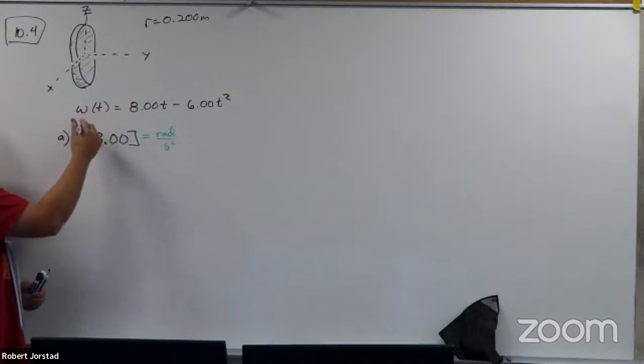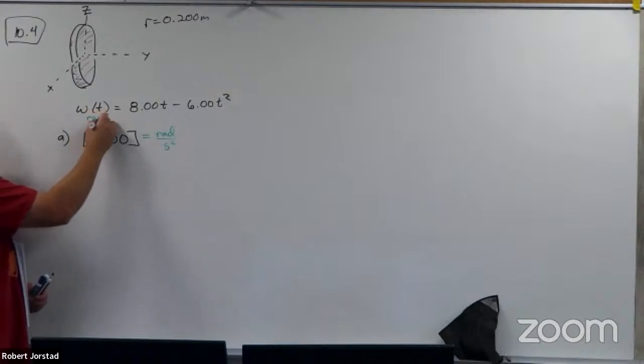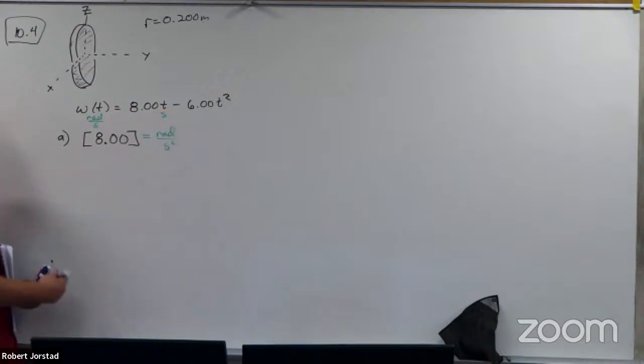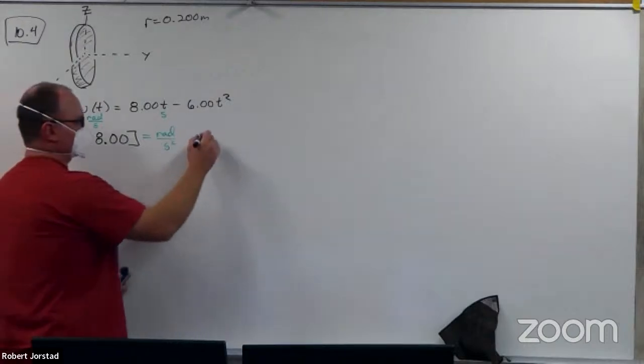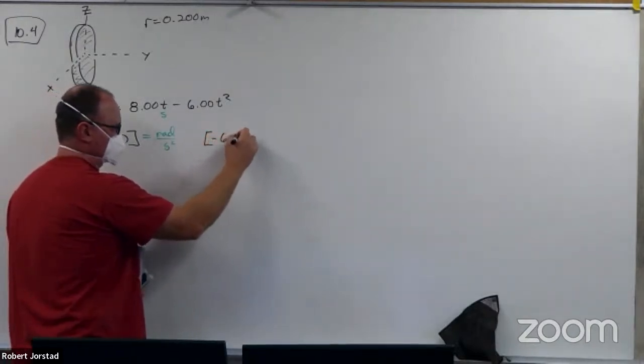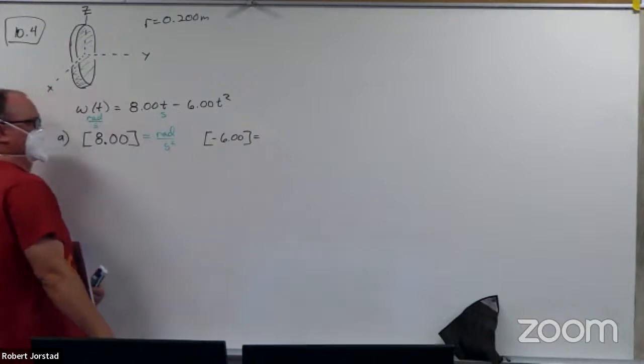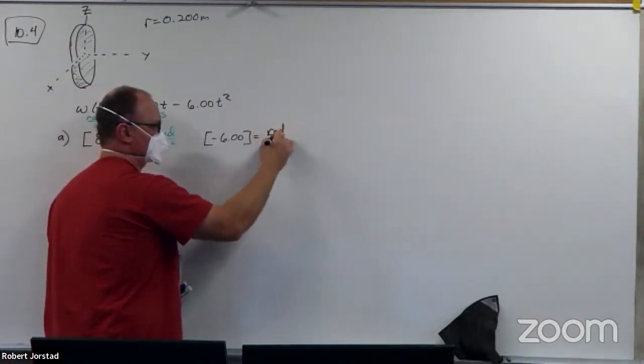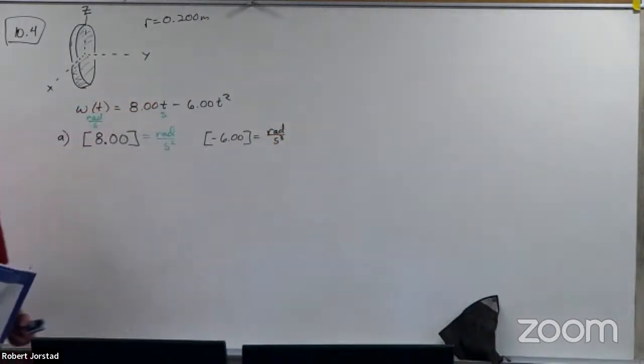What are the units of omega in general? Radians per second. The units of time are seconds. The only way this is going to work out is if this is radians per second squared. Similarly, what are the units of the negative 6.00? Radian per second cubed. Yep. So now we know our units, even though they weren't explicitly stated.